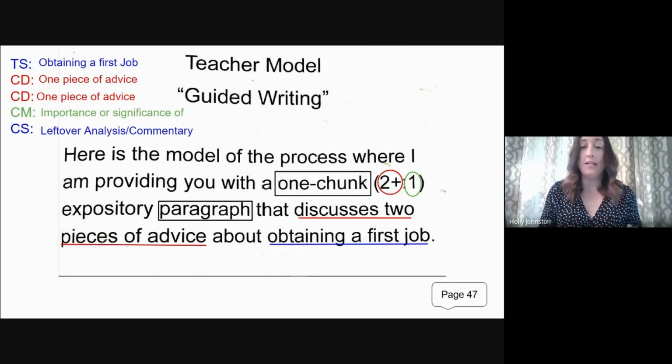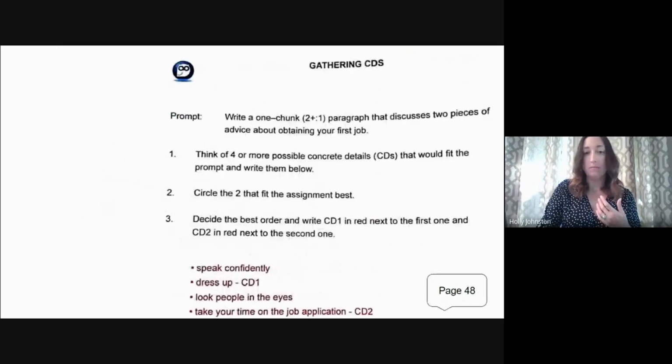Now we're going to move on to actually finding those concrete details. So on page 48, you have a model of the gathering concrete details. So we begin with concrete details for a purpose, because evidence is super important in our writing.